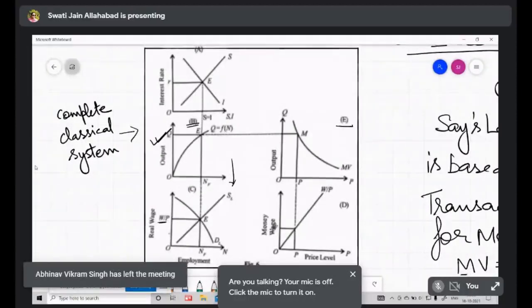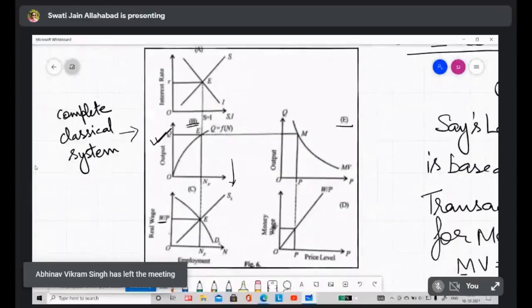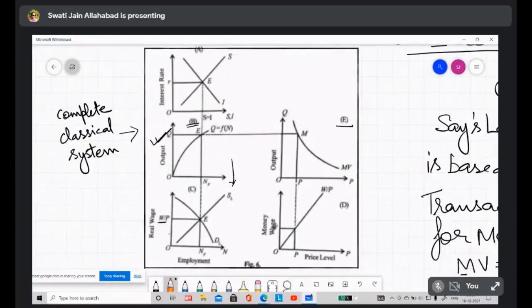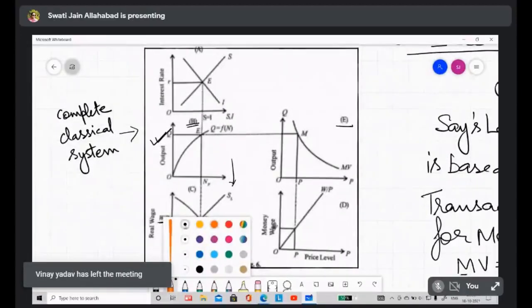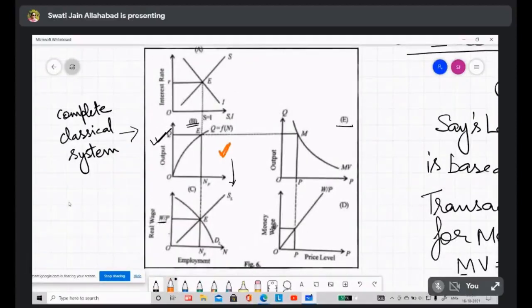So this is the complete classical system. So you start from here. You first show the level of output through the production function. Then you move here. This is the second part which you are trying to show.